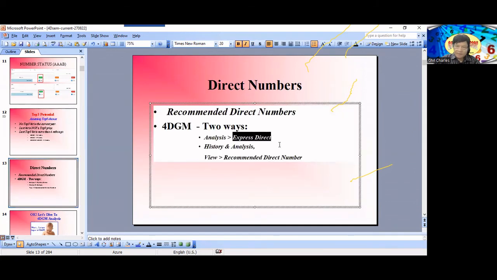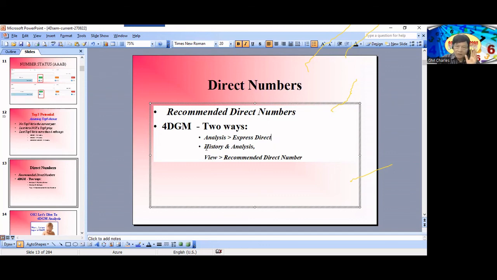You can find the recommended direct number from this. In fact, this one is a more detailed one. You have many other data being analyzed. Apart from the direct number, they also rank for you. Besides the recommended ones, you also want to look at the history of the hit of direct number. It is all there. You want to look at the history of all the top 3 direct numbers of this number. Also, you can check it out.